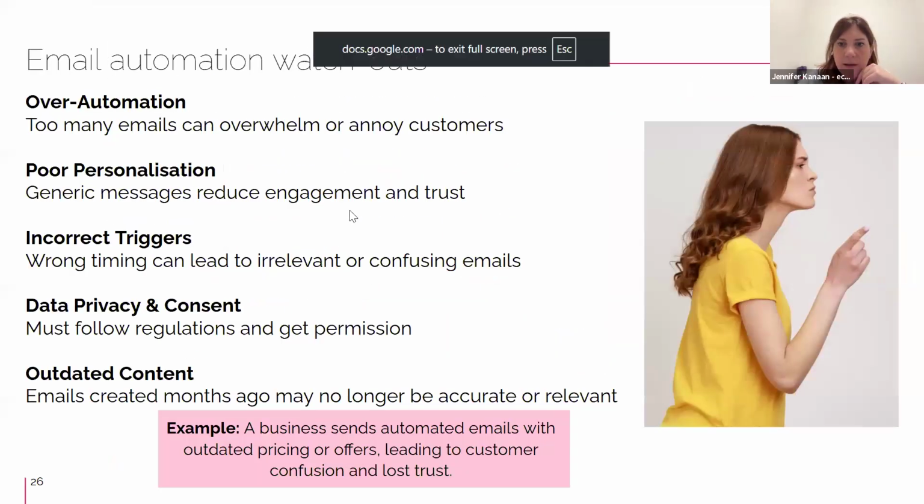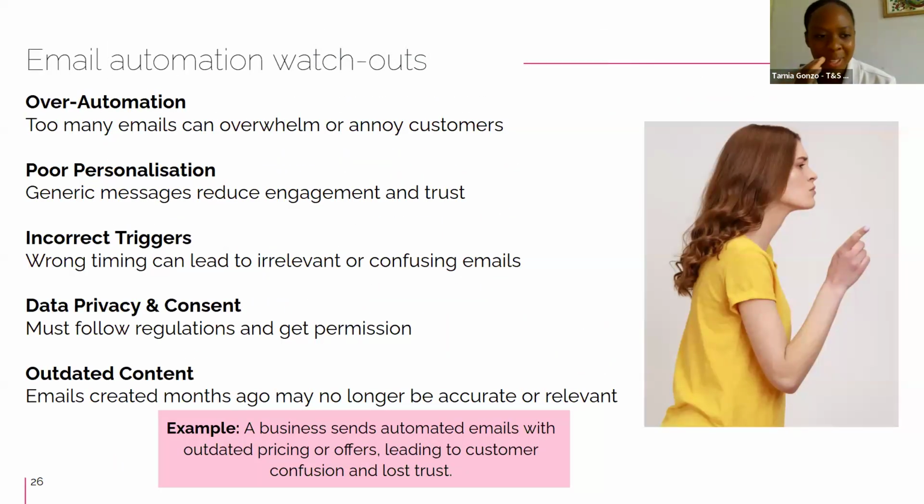Okay, I think we can go on. So I'm going to move a bit quicker because I've still got a few slides to go. So, watch outs. It's great to automate your emails, but if you write your email months ago and then it goes out, it might be inaccurate or irrelevant, or the state of the world may be different.